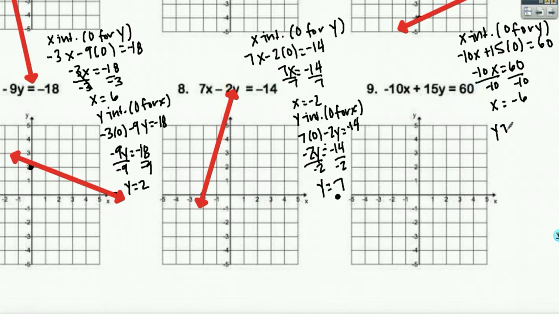Now we're going to do for our y-intercept, 0 for x. So we're going to say negative 10 times 0 plus 15y equals 60. Negative 10 times 0 would be 0. So 15y equals 60. Divide both sides by 15.